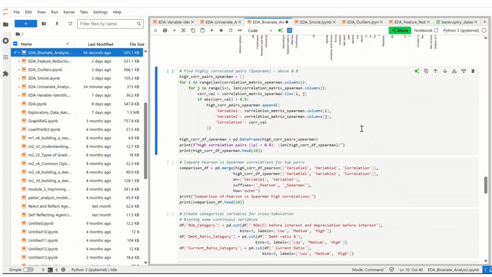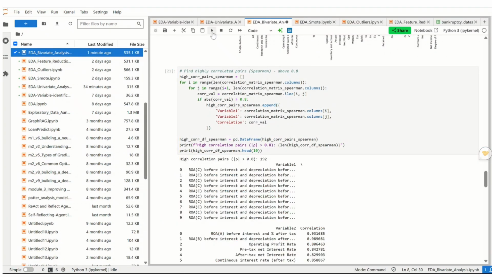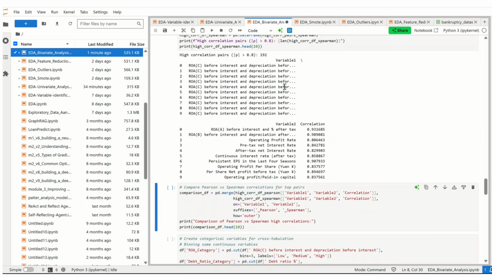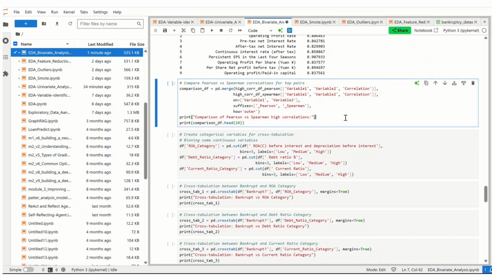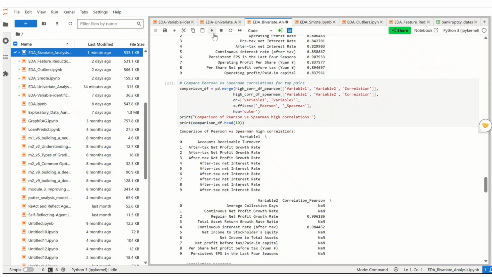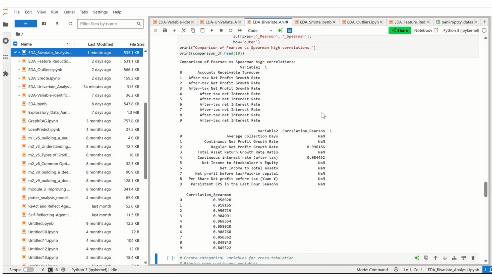Now let's see, as per Spearman, what are all the highly correlated features. In the end, we are going to plot the graphs next to each other and see how the features differ between Spearman and Pearson. Next we are going to compare the Pearson and Spearman high correlations: variable 1, variable 2, the Pearson correlation, and the Spearman correlation.